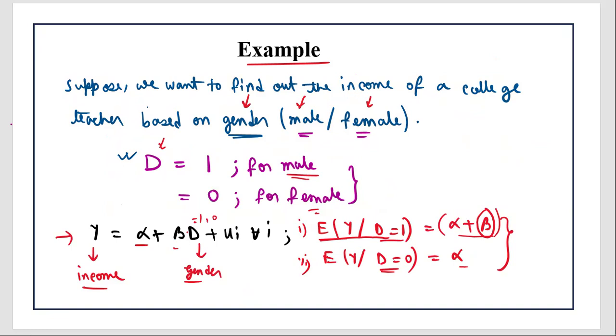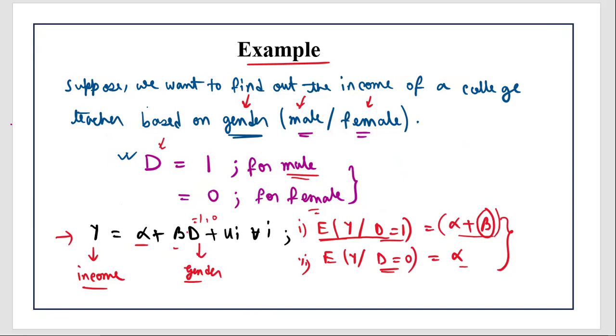So what we can see is that the number of dummy variables introduced will be one less than the total number of categories, right? This is one of the most important properties, and it has a very important implication that we will go into in the next video.